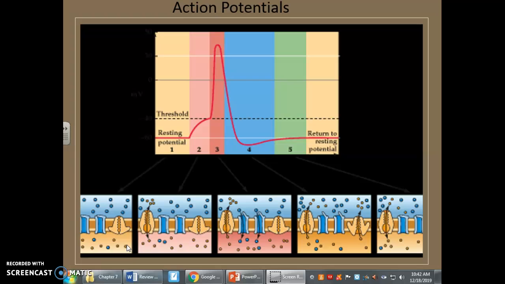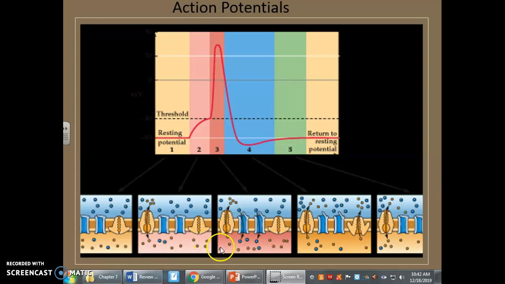Once a stimulus hits, which we'll see is happening over here, there will be a change. But before that time, the sodium-potassium pumps are working to send sodium out and potassium in.